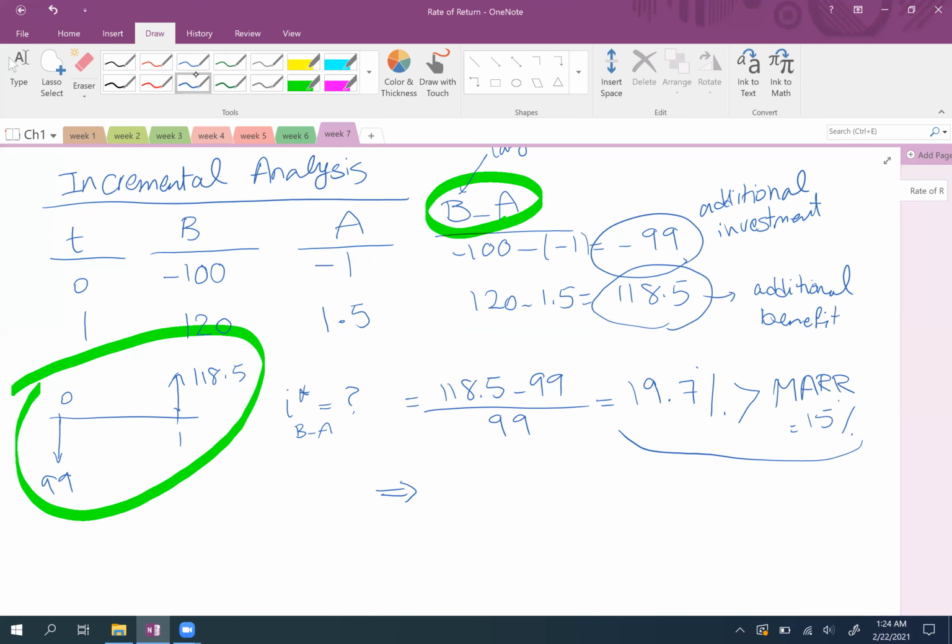Based on this, since the difference between these two projects, B minus A, has an interest rate which is greater than MARR, I come to the conclusion that additional investment is justified.